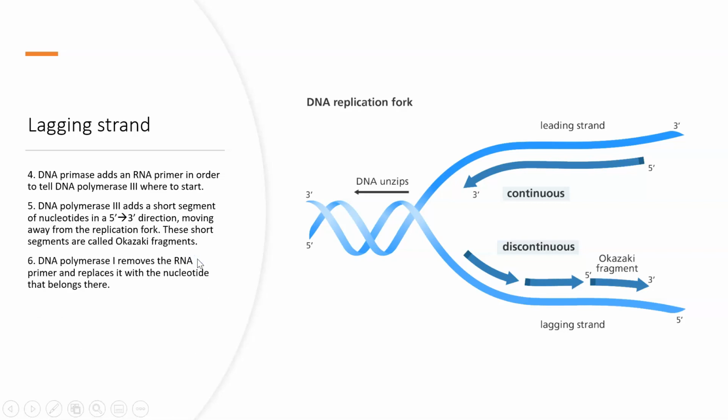So you'll see that on some replication diagrams. You've got that here. Now, DNA polymerase 1 removes the RNA primer and replaces it with the nucleotide that belongs there. Ligase then comes along and attaches the Okazaki fragments together.